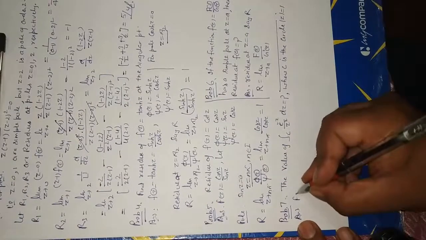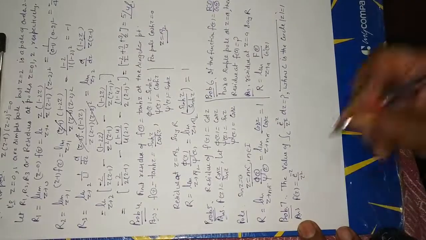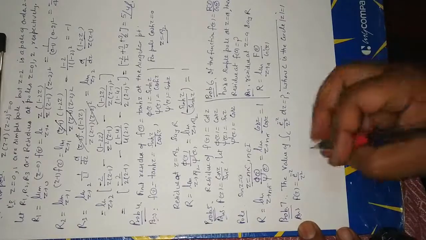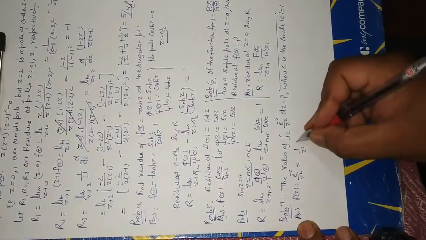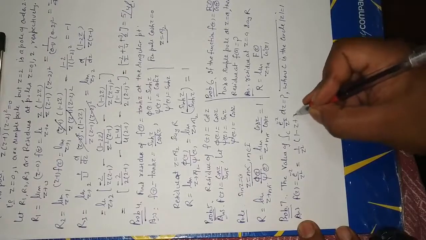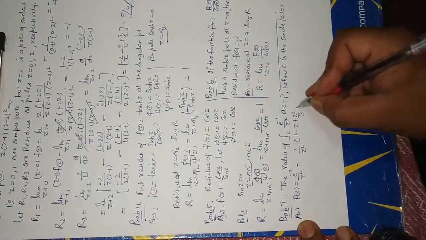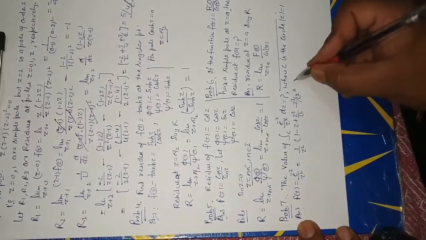Now f(z) is equal to e to the power minus z upon z square. Now we can expand here e to the power minus z, 1 minus z plus z square upon factorial 2 minus z cube upon factorial 3 plus up to dot.